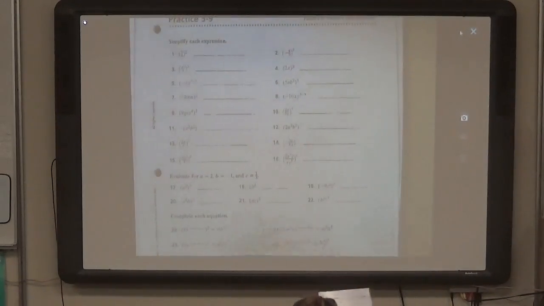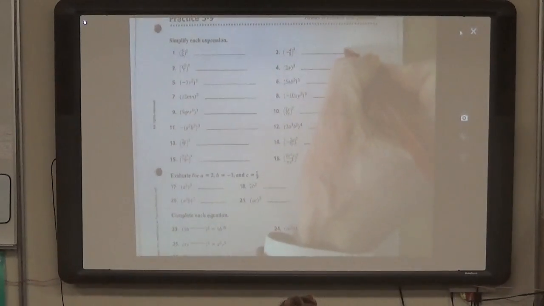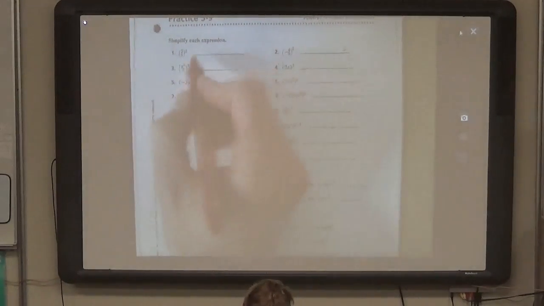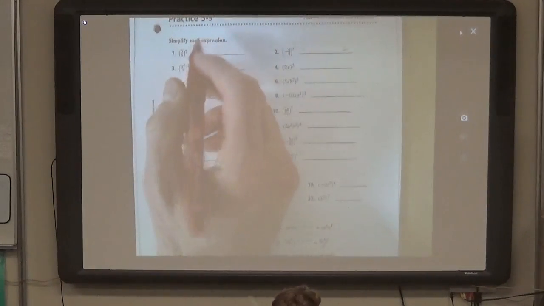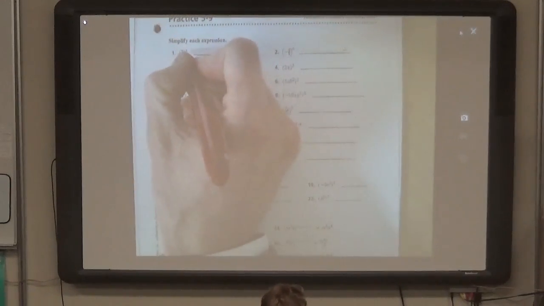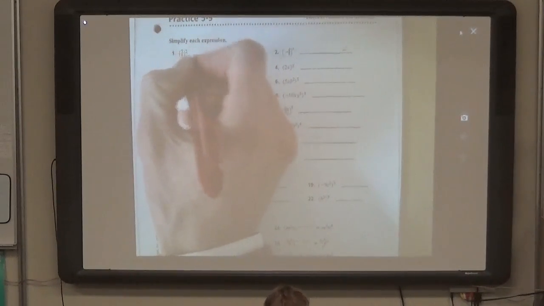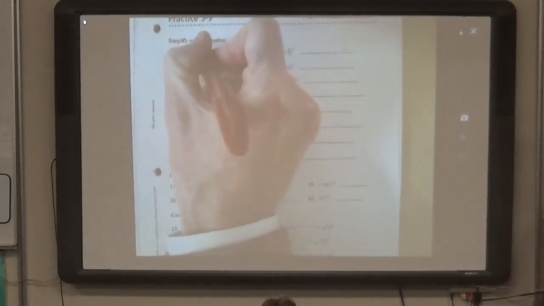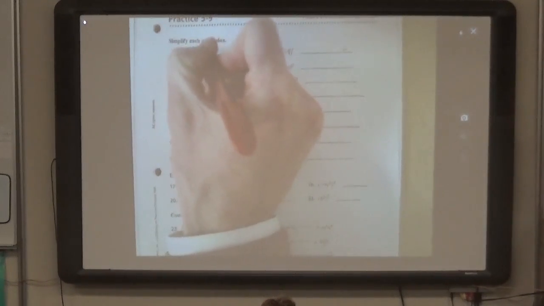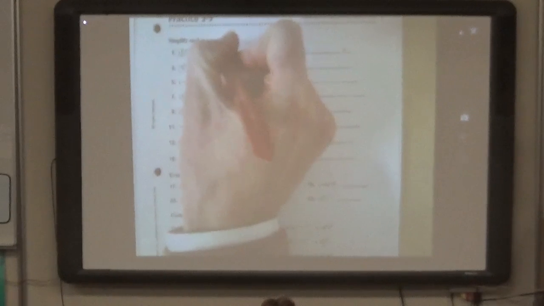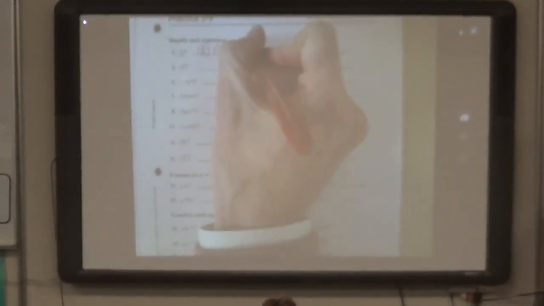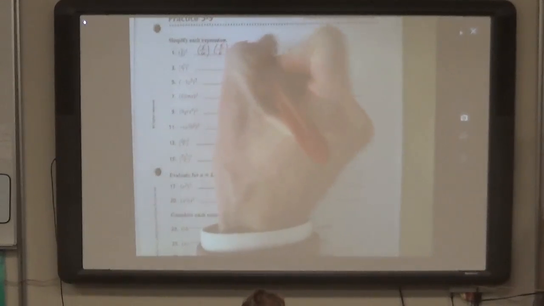So this one's going to be positive since the negative is being squared. And this one's going to be positive, there's no negative sign there. The 2 applies to both the 5 and the 6. So this is 5/6 times 5/6, which is 25/36.